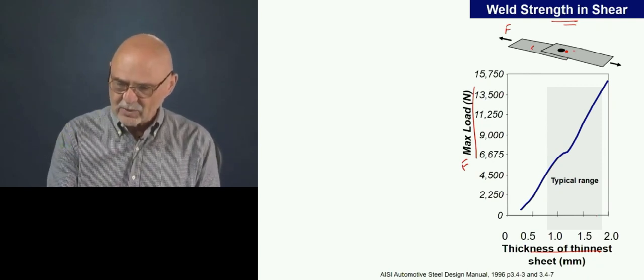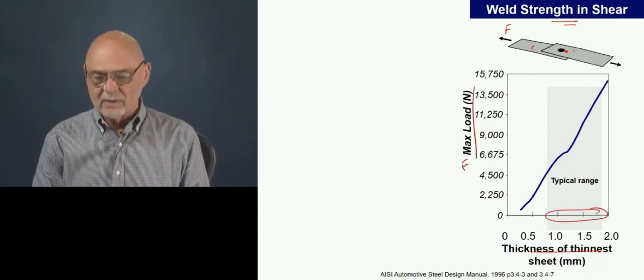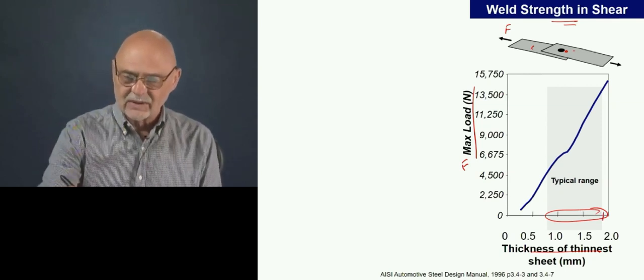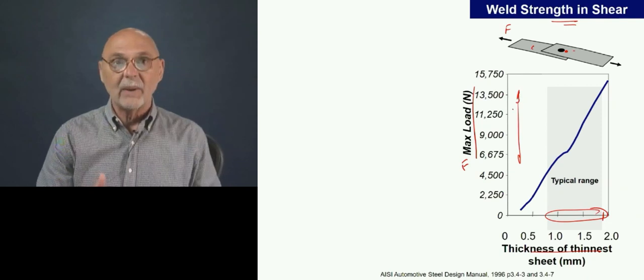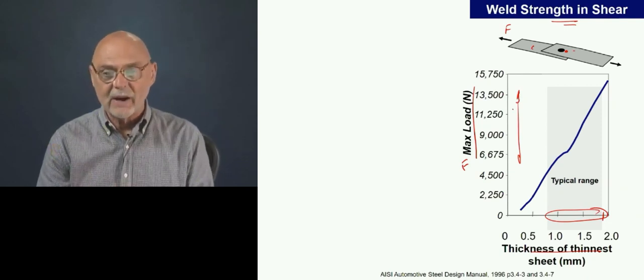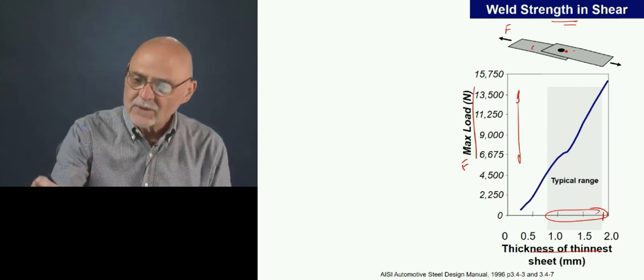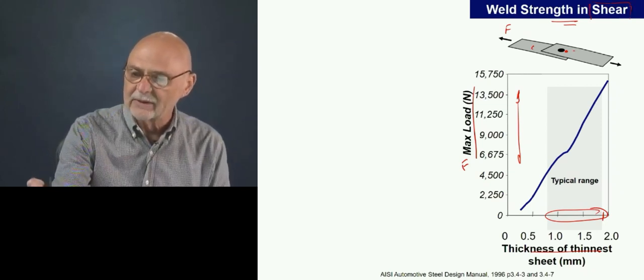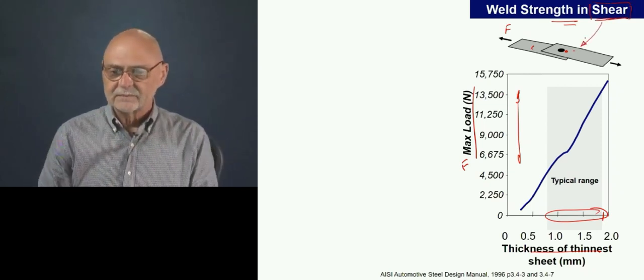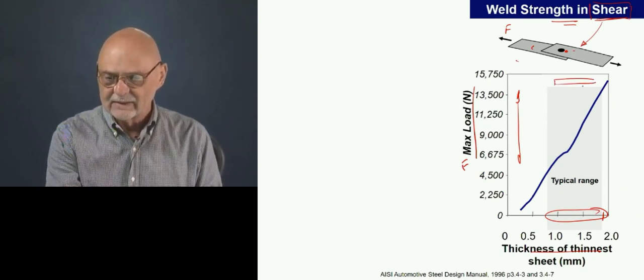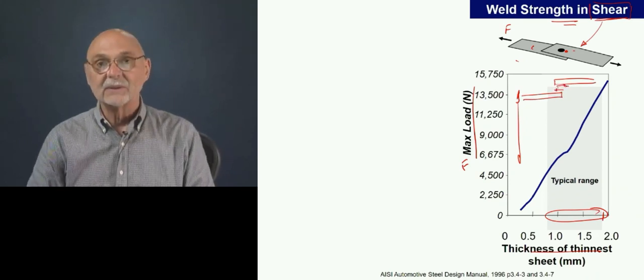So here's our typical range, a little bit less than 1 millimeter up to a little less than 2 millimeters. So we can see the load carrying capacity of a single spot weld to get some feel for that. This is the shear case we're looking at here. If we drew this like this and this, we're shearing the spot weld.